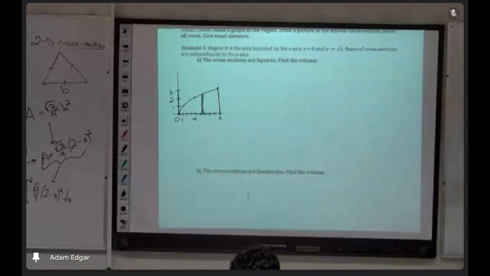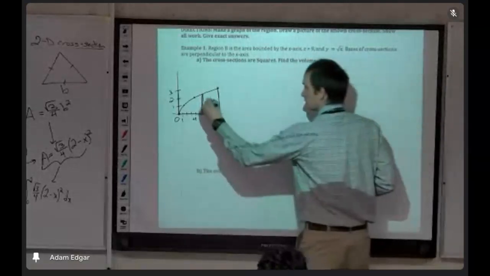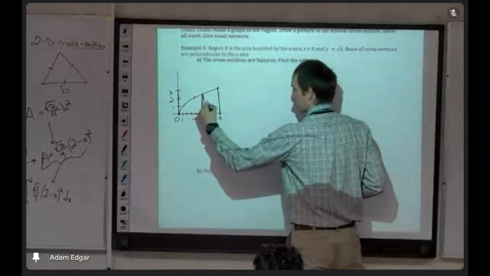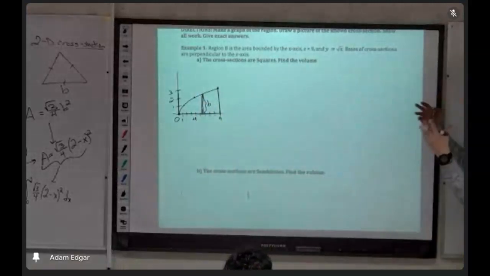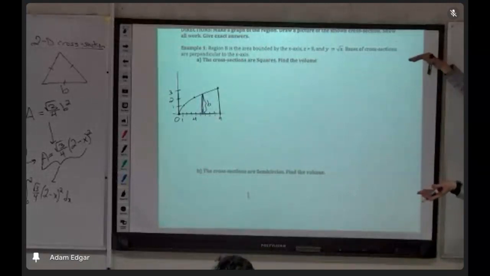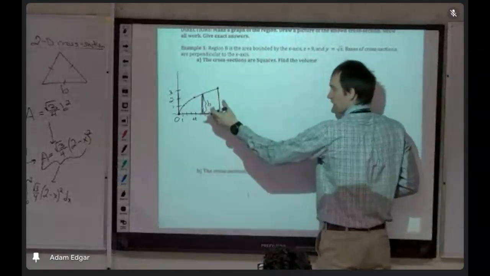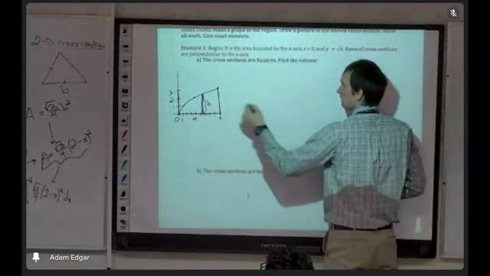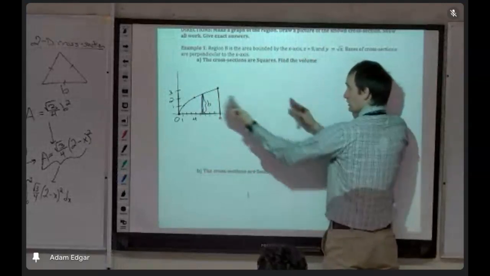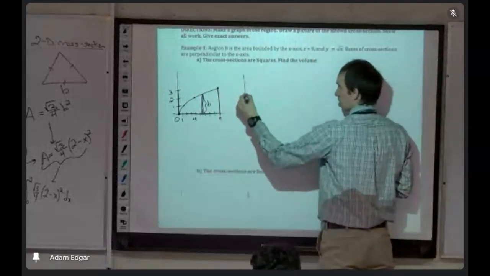It's a square. So this right here is the distance b, from the top to the bottom of the region. We'll always call that b. So the base of the cross section is length b. And then we come over here, and what do we draw off in the margin? Draw a square.